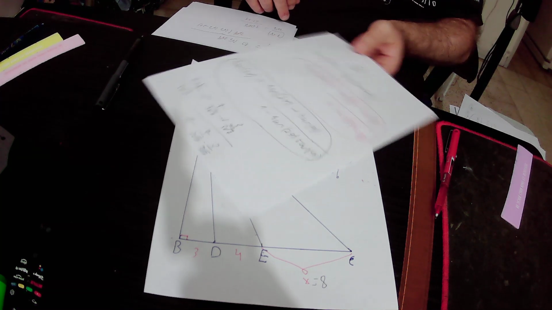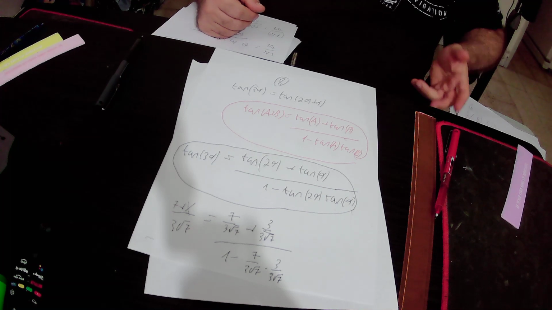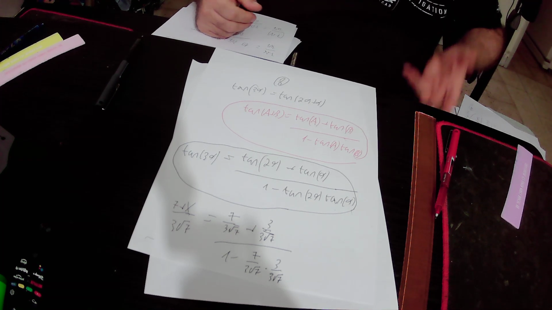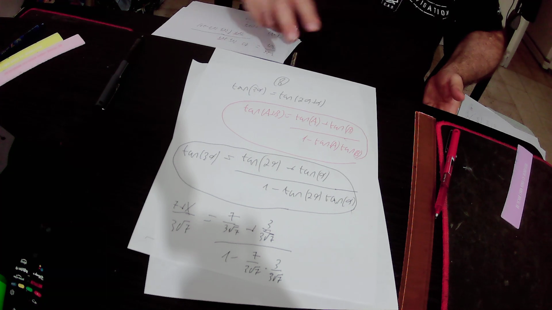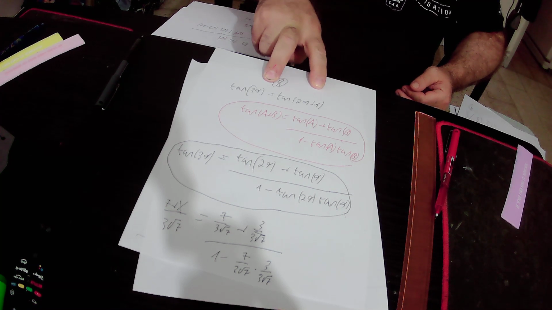We know that tangent 3 alpha equals tangent of 2 alpha plus alpha, since 3 equals 2 plus 1. This is what is written here, yes?